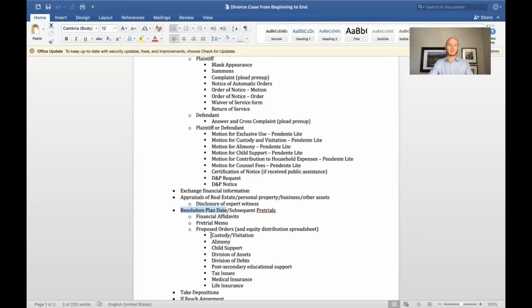So the GAL will be, and backing up, in the family relations custody evaluation, family relations will also be talking to the child, generally speaking, the child or children, to hear their input and what they think should happen with custody and what they want to do.